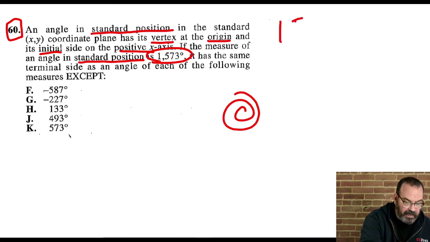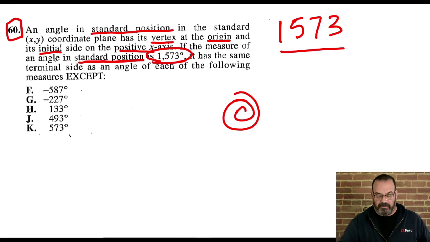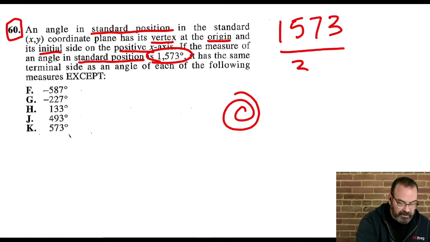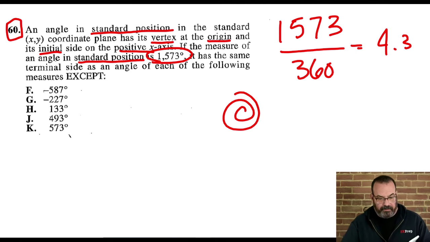The first thing that I would do is see how many times 1,573 goes around a circle. So we're going to divide 1,573 by 360, and that's going to equal 4.36. So I divide this by 360, and it's greater than 4. It's 4.369, blah, blah, blah.